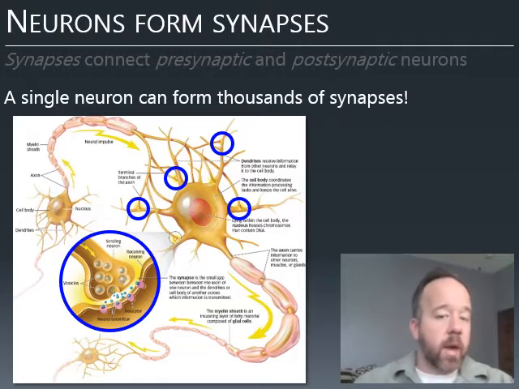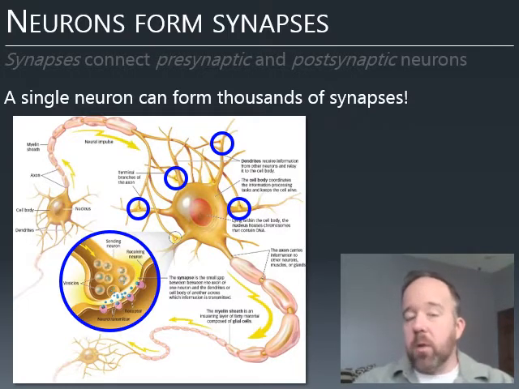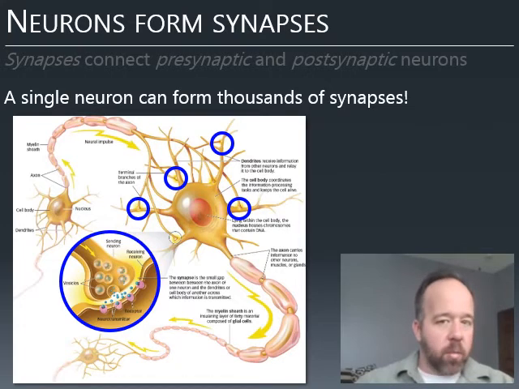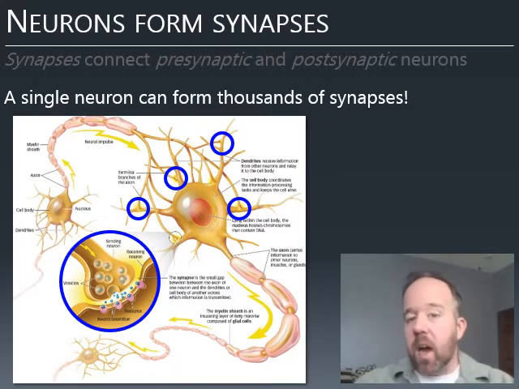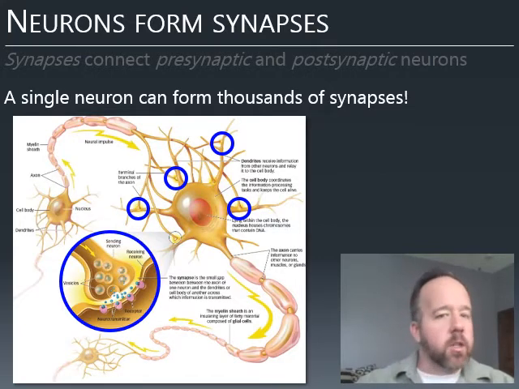So it can receive information from thousands of neighbors, or from a single neighbor many, many times over. And it can also send information to thousands of neighbors, or the same set of neighbors many times over. So you get a lot of complex patterns of connection between various neurons in the brain.